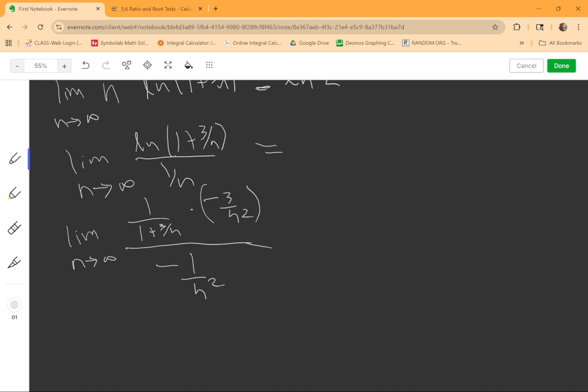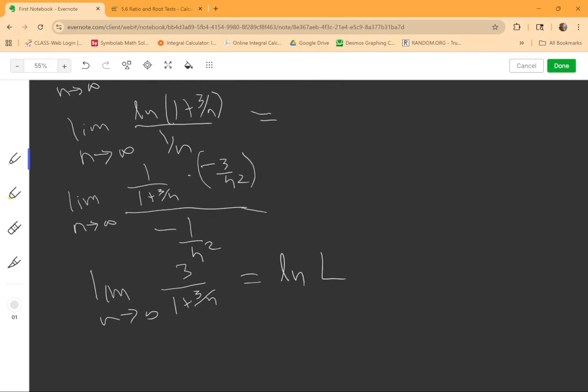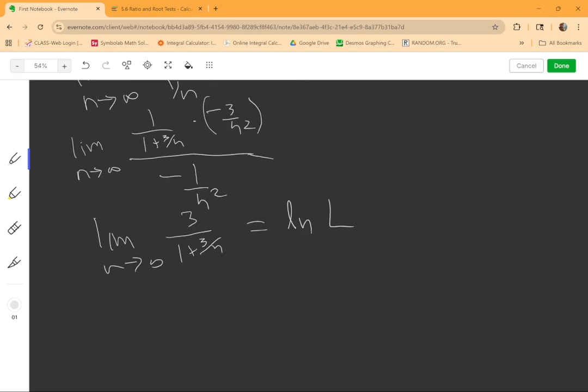Simplifying, the n squares and the negatives cancel out, so we get 3 over 1 plus 3 over n equals ln of L. Now we let n go to infinity, so that 3 over n goes to 0, and this becomes 3 equals ln of L. So e cubed is equal to L.